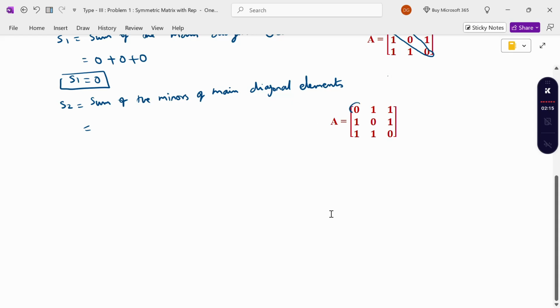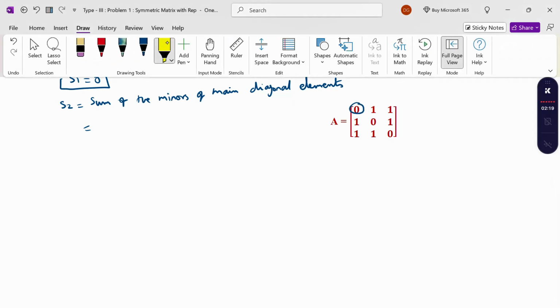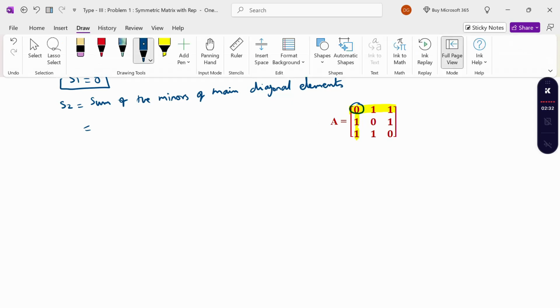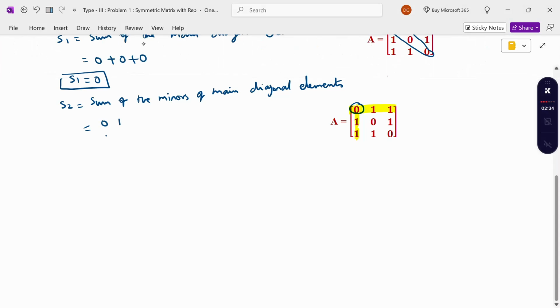When I select it to find the minor matrix, I leave this row and this column. Now this is our minor matrix, 0 1 1 0, plus.